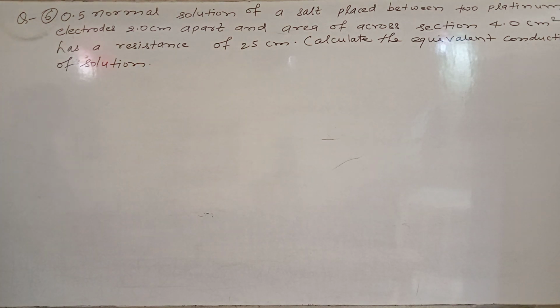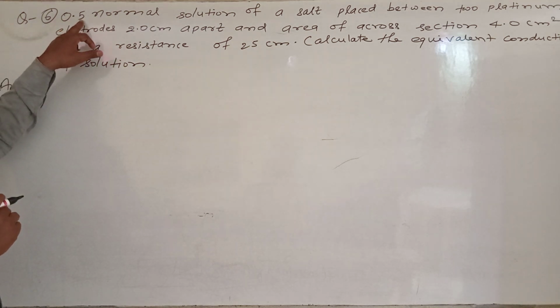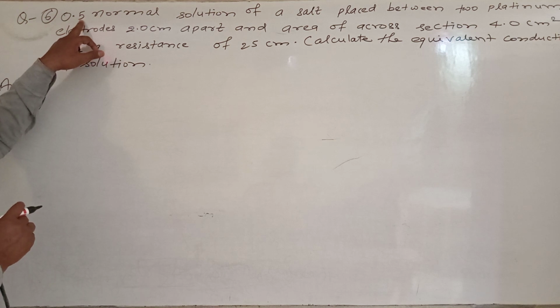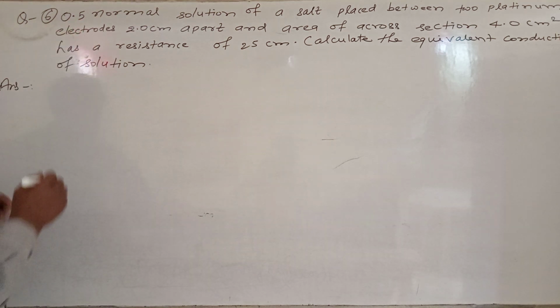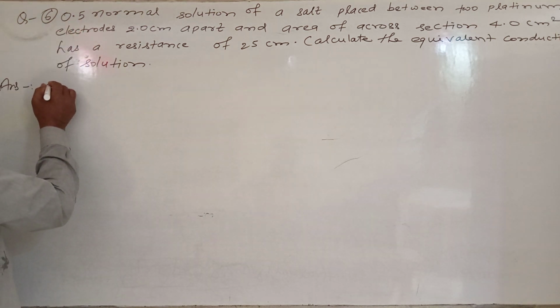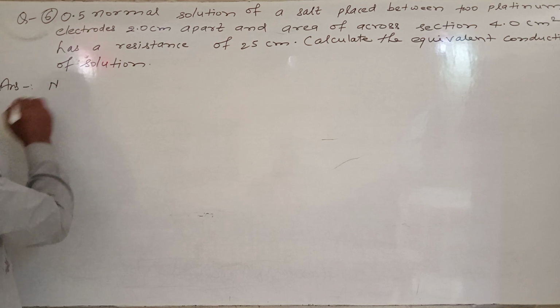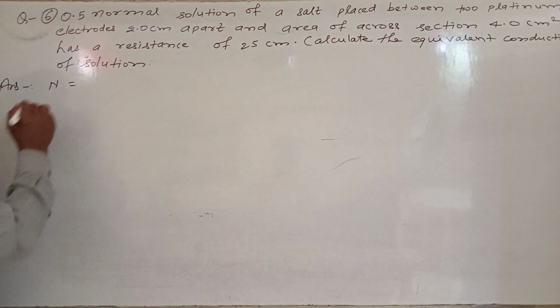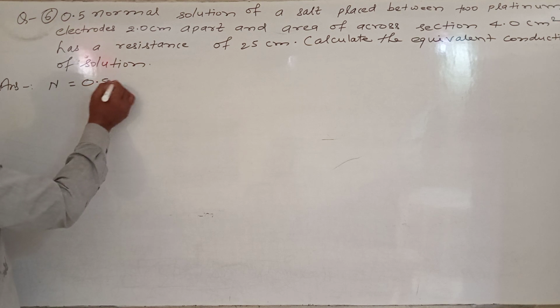Question is 0.5 normal solution of a salt. This value is normality of the solution. The normality indicates capital N. Therefore, we write capital N is equal to 0.5.